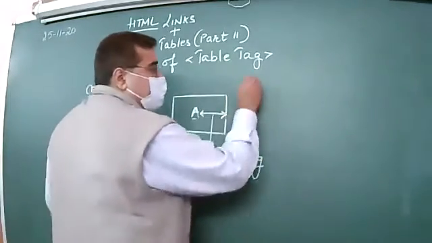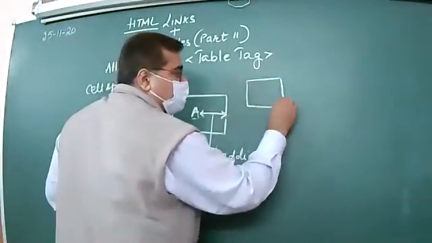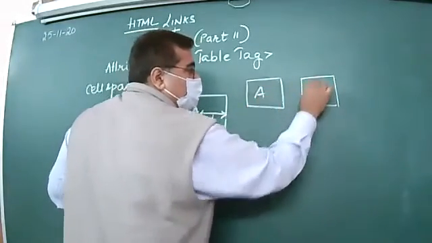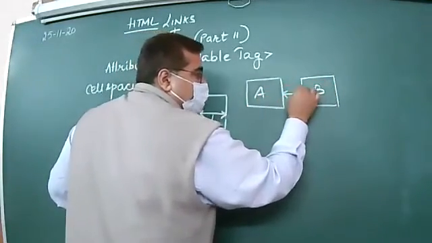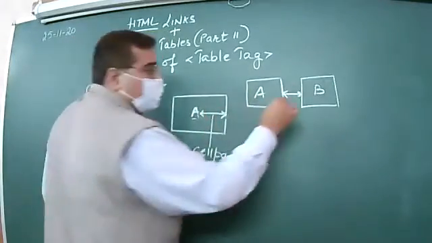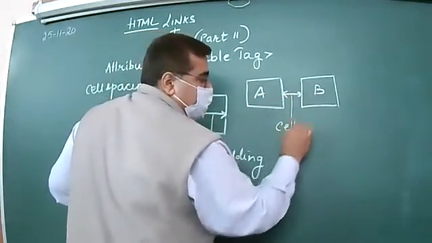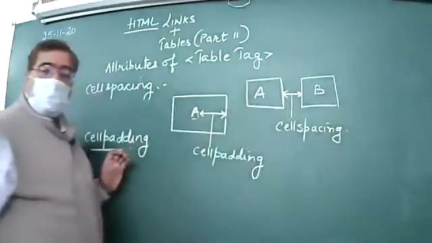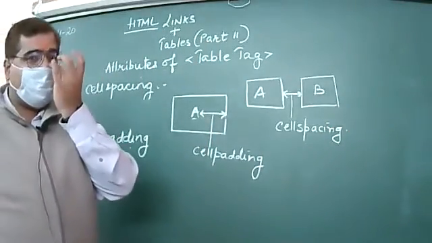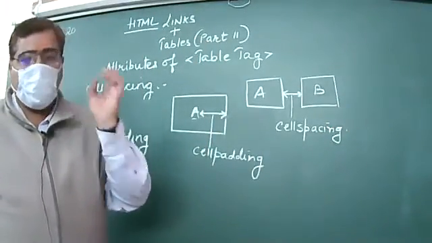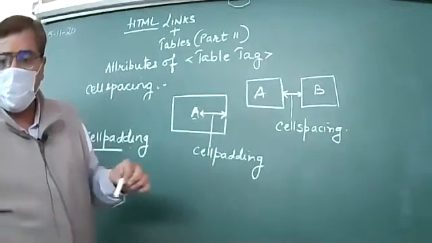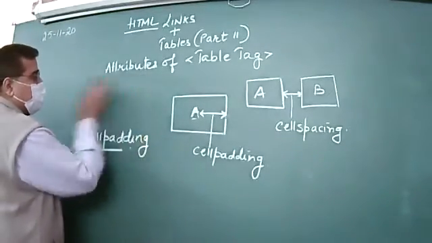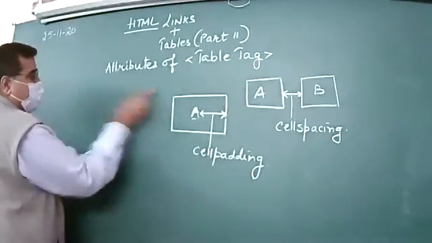And for cell spacing, you draw two different cells, and this gap between two different cells is cell spacing. I hope the point is clear to you, offline students and online students. I hope I am clear to everybody. Next attribute is frame.